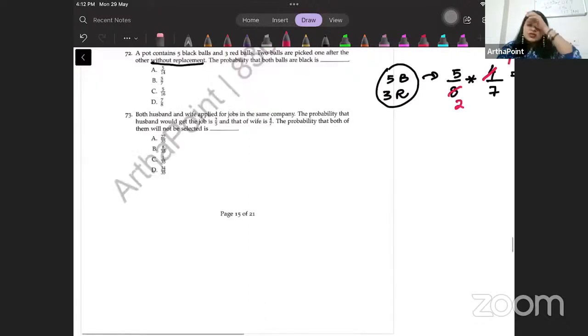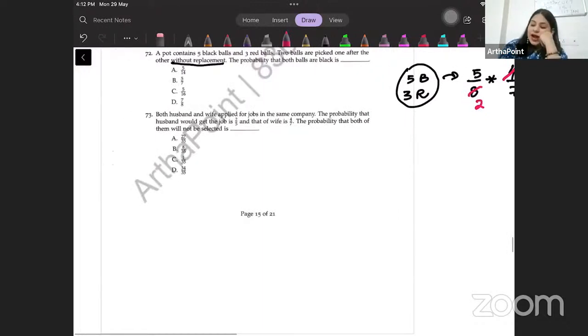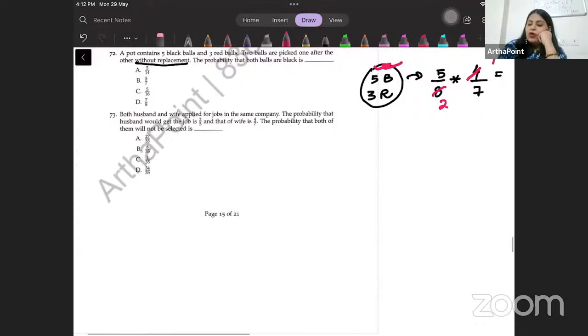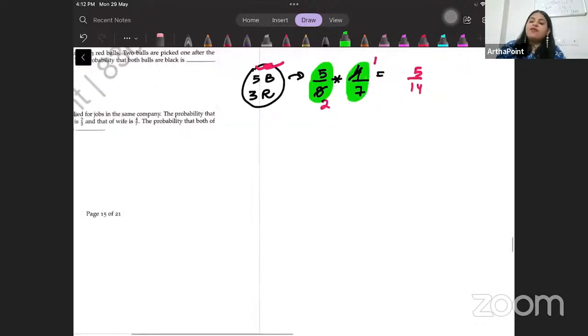So this is the first method to solve this, that I picked up the first black ball and out of 8 balls, 5 were black balls. And after I picked up the first black ball, I have 4 black balls remaining out of 7 balls. So its probability will be 4 by 7. And when I solve this, I will get 5 by 14.